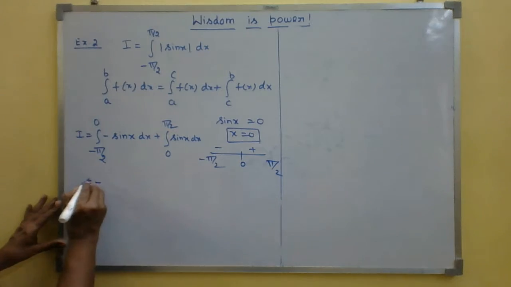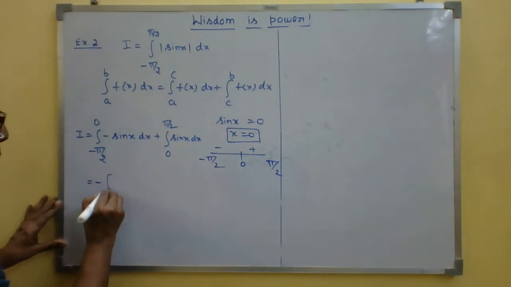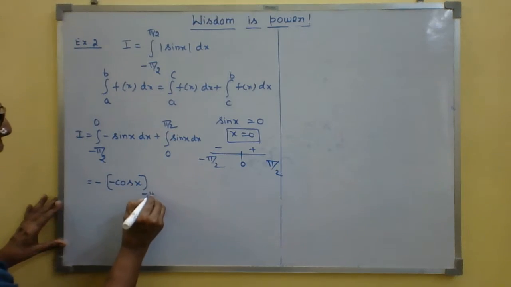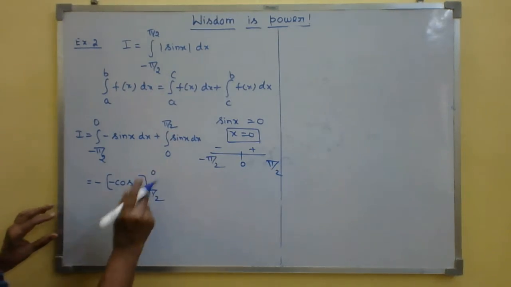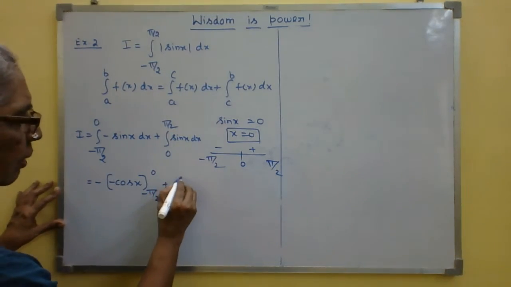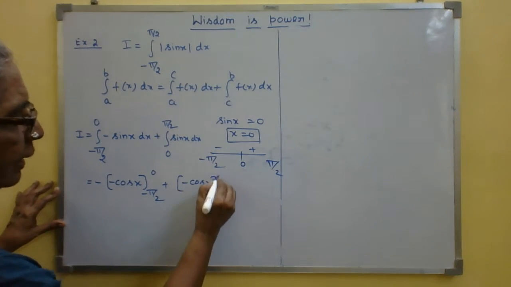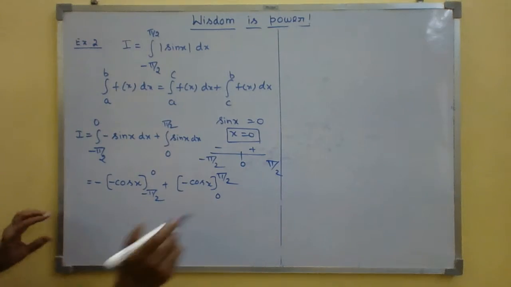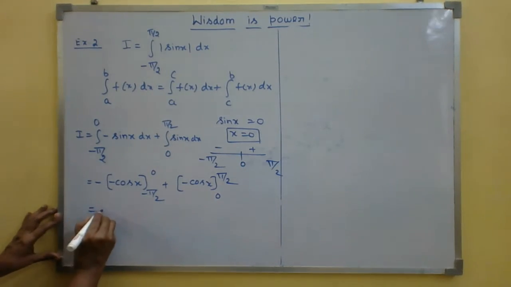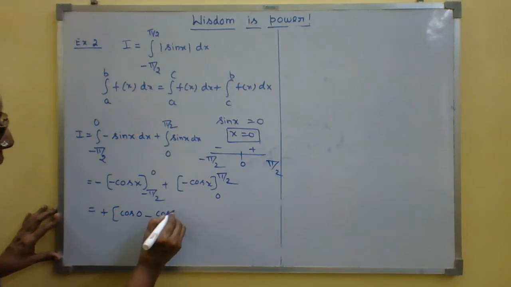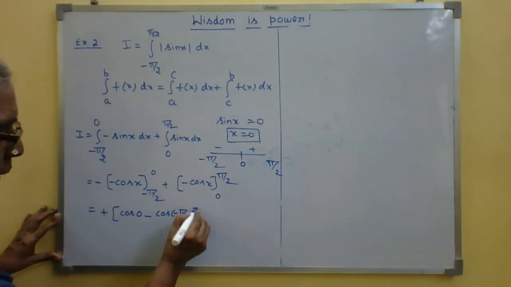So take a minus out. For sin x, if you integrate, you will get minus cos x. The limit is minus pi by 2 to 0. And here, a plus here, and here also you will get minus cos x. The limit is 0 to pi by 2. Okay. So minus into minus, you will get a plus here. So you will get cos 0 minus cos minus pi by 2.